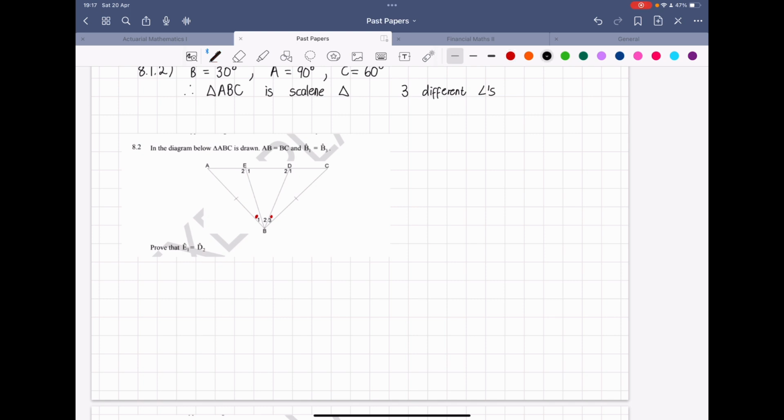So first I'm going to say that angle B1 is equal to angle B3, and that was given. Then we were told that this line BC is equal to this line AB, and since they make up a triangle, that means that the angle A is equal to the angle C, because of the equal sides.